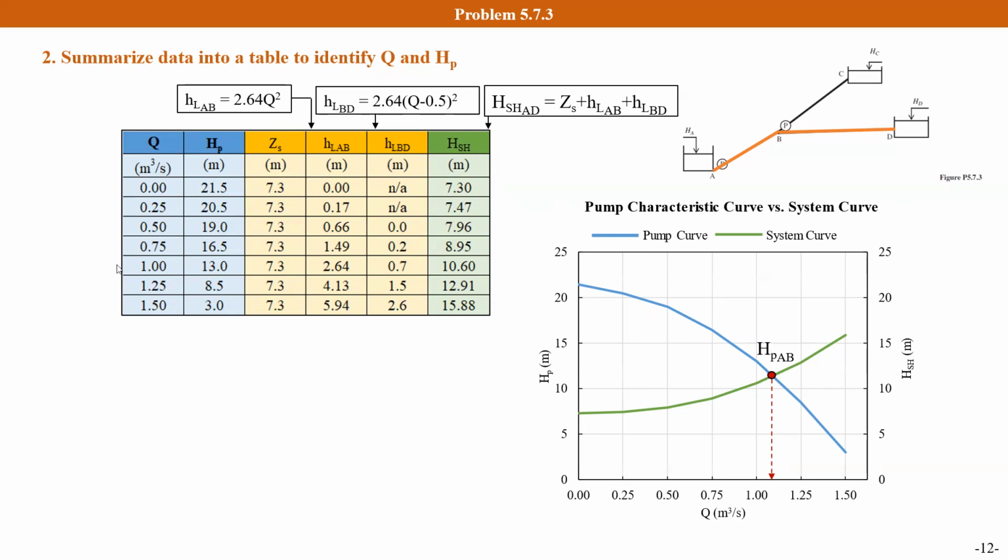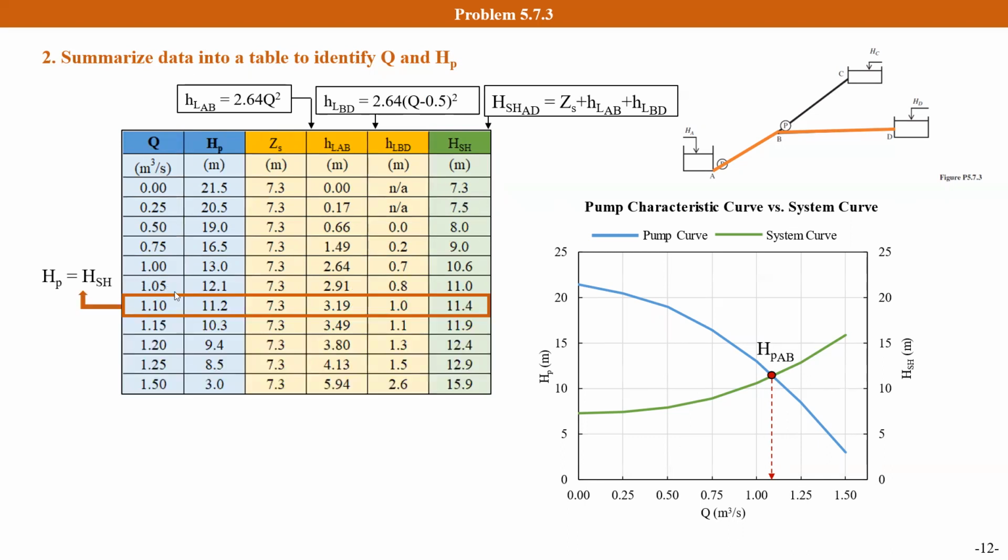Therefore, we need to do an interpolation between these two points to find the specific value of the flow rate. After we do the interpolation, we will find that when Q equals 1.1, the pump head is close to the system head.